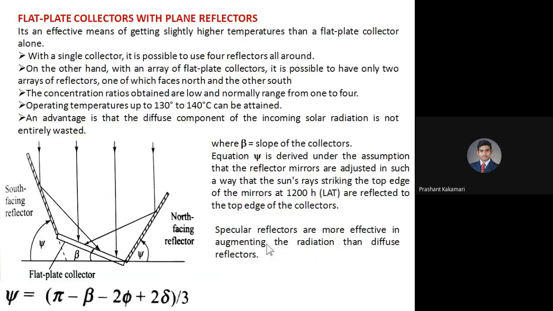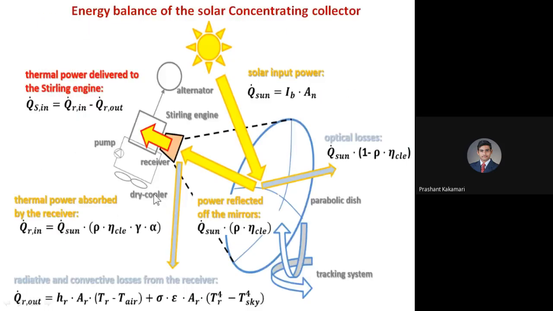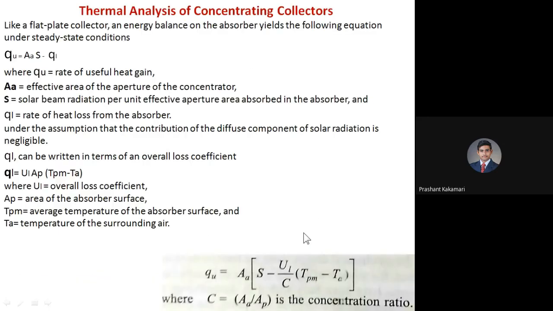And then see this, how much area is kept open? That is nothing but the aperture area. Or here you can consider this paraboloid trough, where the circular area, pi by 4 d square, the cross section area which is kept open to the solar radiations, is called the aperture area.